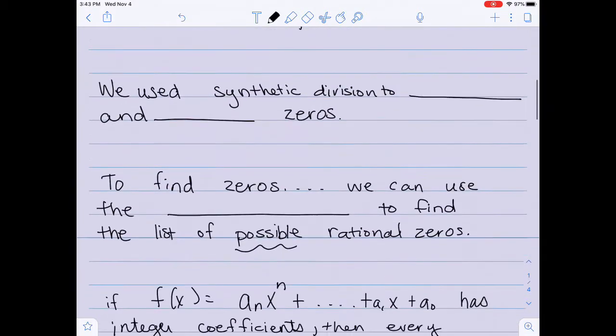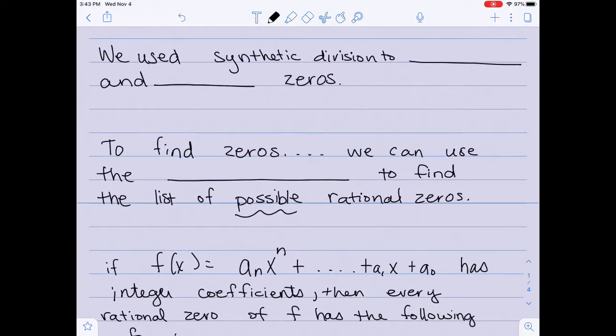Okay? So before, last section, we used synthetic division to factor out and find zeros. We used synthetic division to either factor out a factor or find a zero.